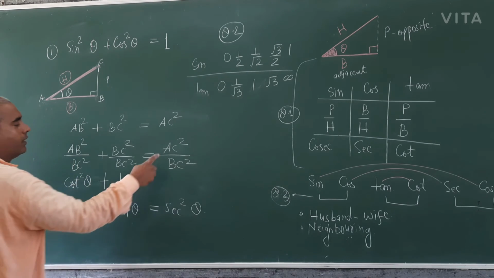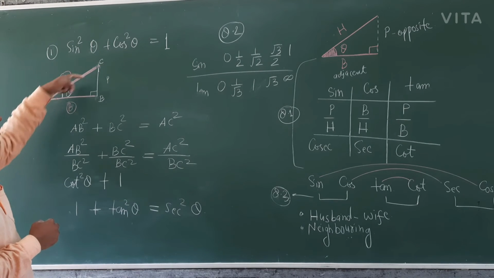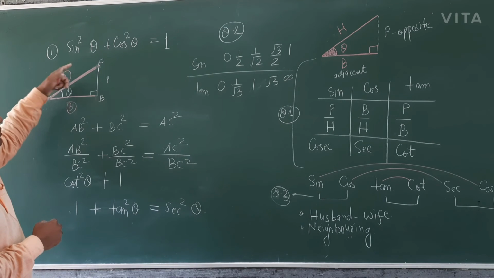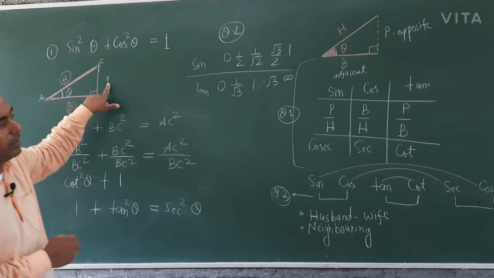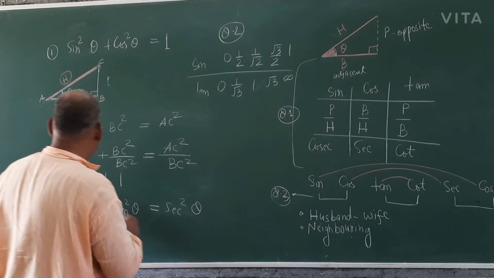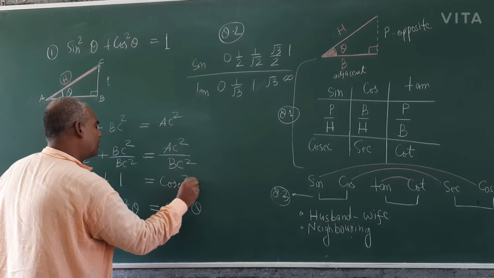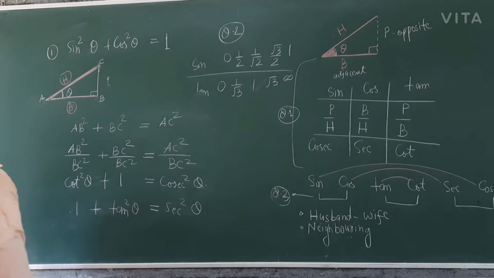is equal to AC upon BC, hypotenuse upon perpendicular. This is cosec. So 1 plus cot square theta is equal to cosec square theta.